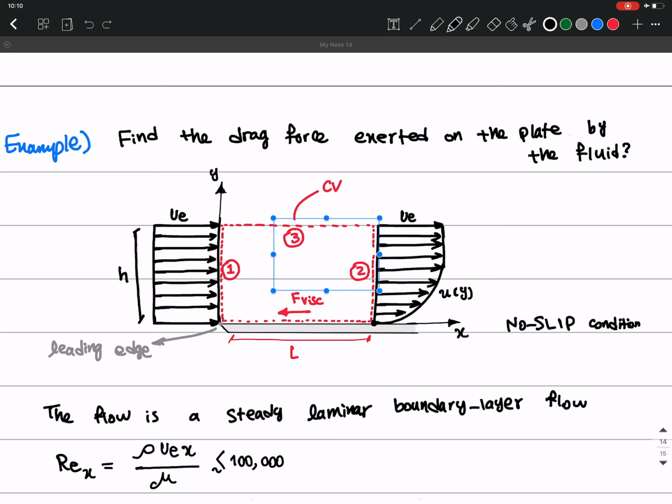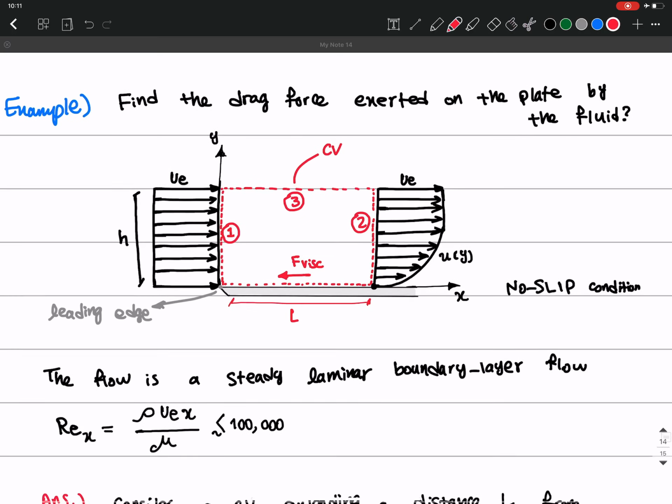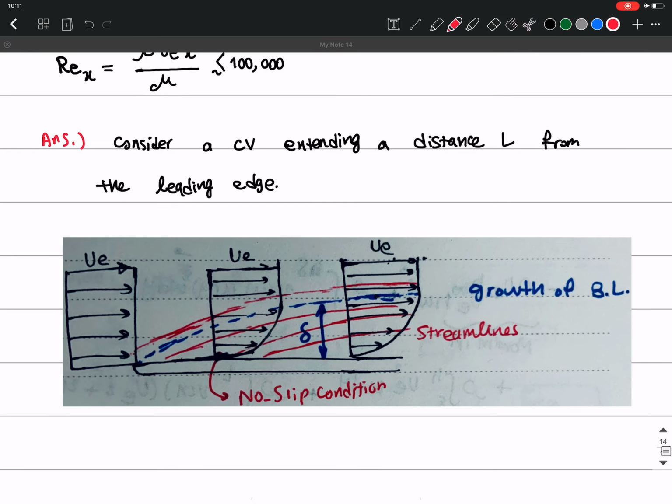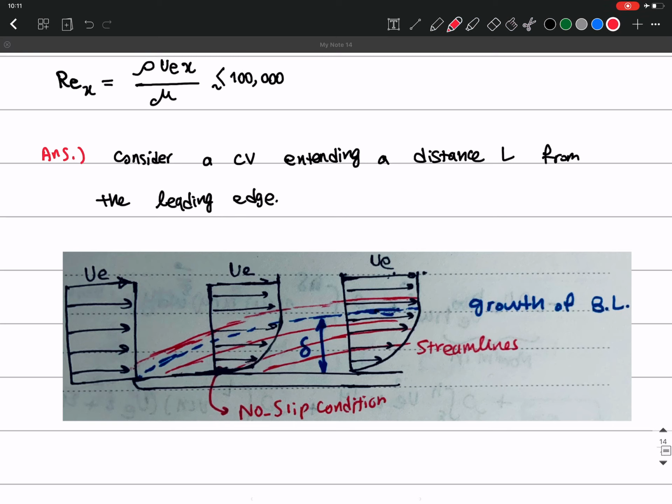So if you consider that, you can see how the flow progresses over this leading edge, right?